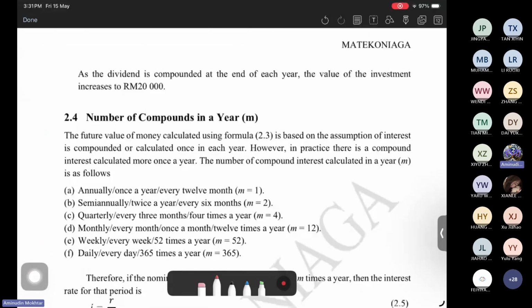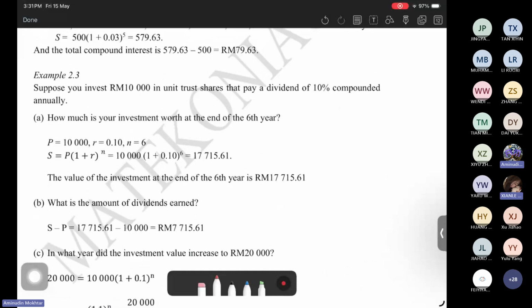The next one, there is another example here, example 2.3. Please refer to example 2.3.